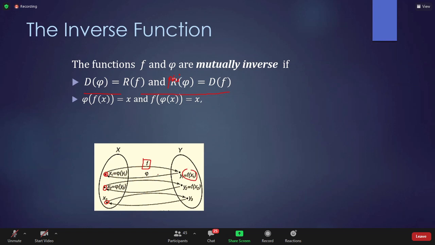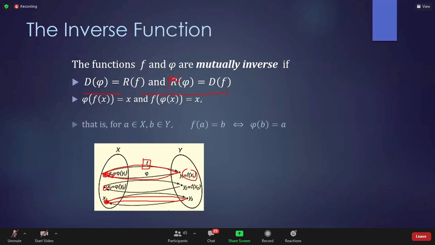So you do f function to get y, then you take this y value, put it into the phi function, and you go back to the exact same x value. Or you may start with the phi function, find the corresponding x value from y, and then put this into f, and you go back to the exact same y value. Then we call them mutually inverse.